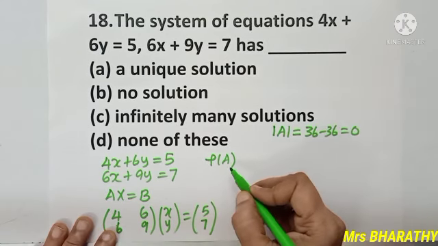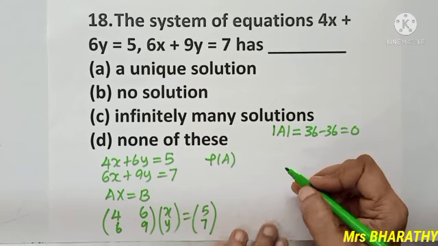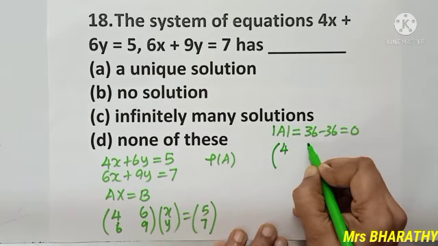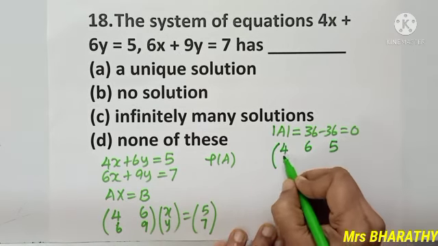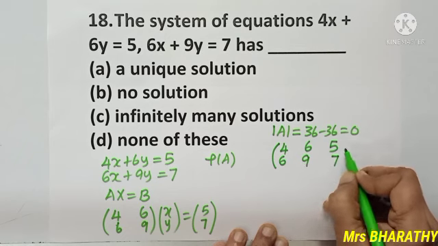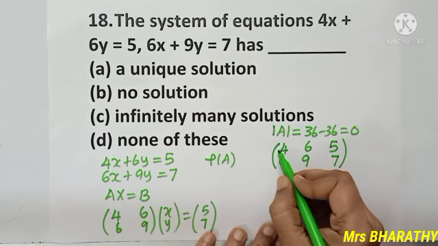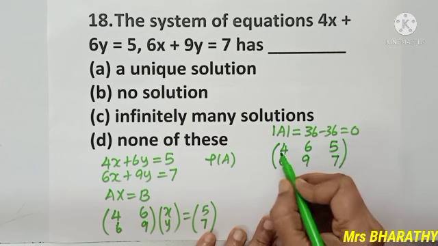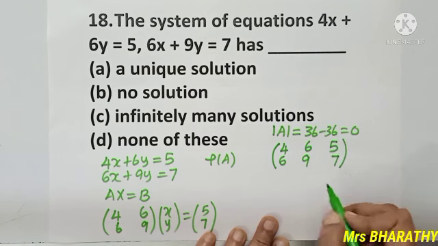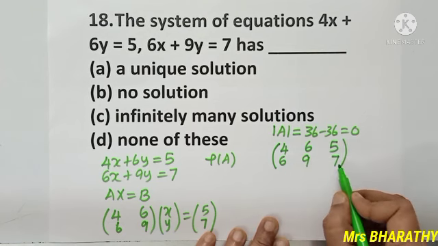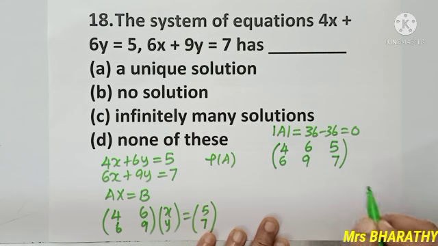Let me derive the rank of it. So here 4, 6, 5, 6, 9, 7. First row I can multiply by 6, second row I can multiply by 4 and subtract.